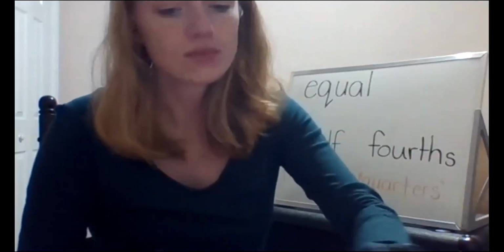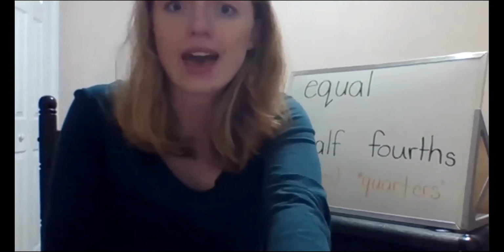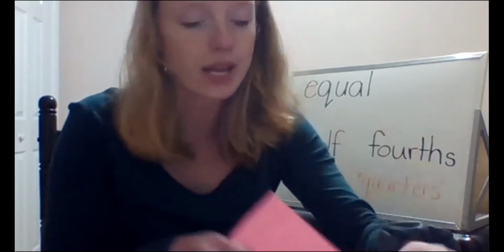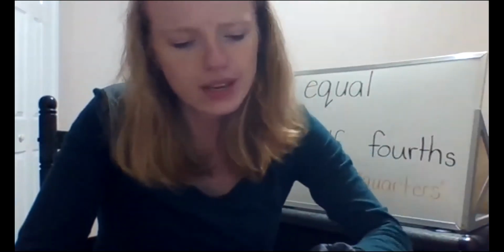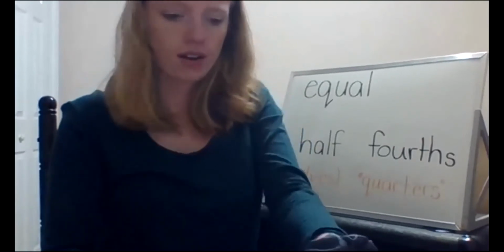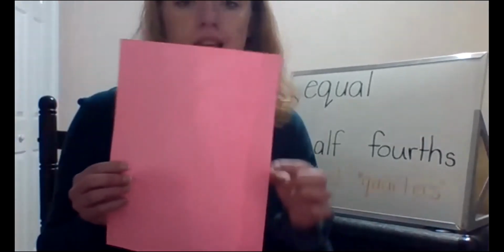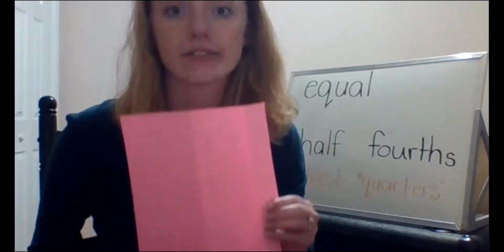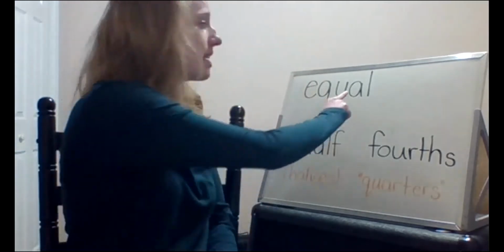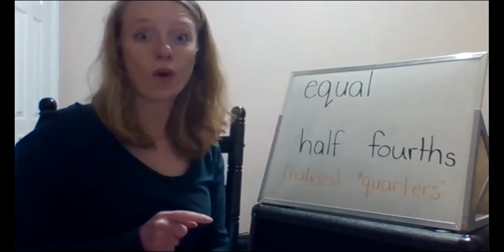Now, what if I took my rectangle, and I've learned that to be half, it has to have 2 parts, right? So what if I folded my paper right here? And I have this half and that half. That's not half, because half has to be equal.